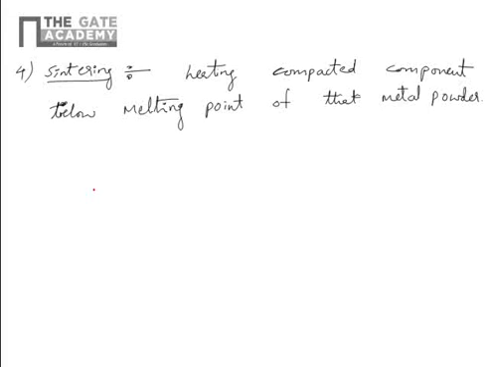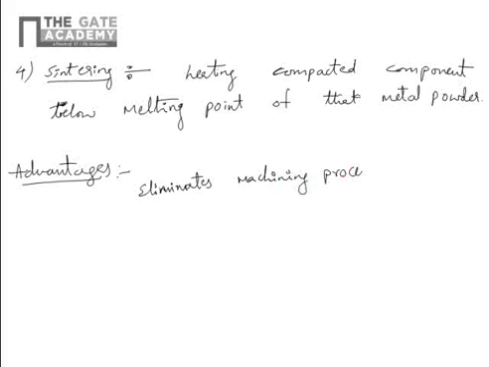Then you may do some heat treatment process, depending upon the application, if you want to remove any stresses developed. So, advantages. What are the advantages of a powder metallurgical component? It eliminates the machining process, because we are not doing any machining. High production rates.